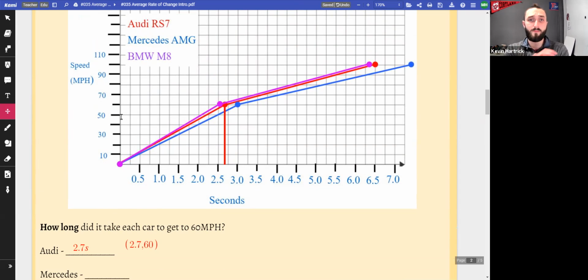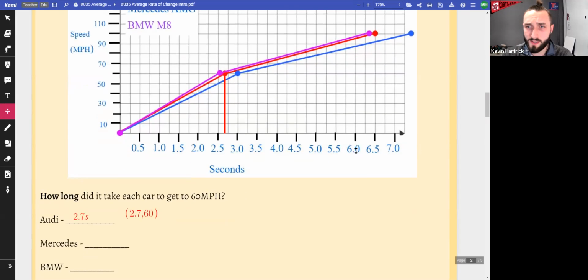Which car sped up the fastest or accelerated? You probably heard that word accelerated. That means the rate that they are speeding up. So which car accelerated the most from 60 miles per hour to 100, which means they're really going fast, right? Like 60 to 100. These are dangerous speeds. So we want to know who gets to 100 the fastest, basically, from 60.